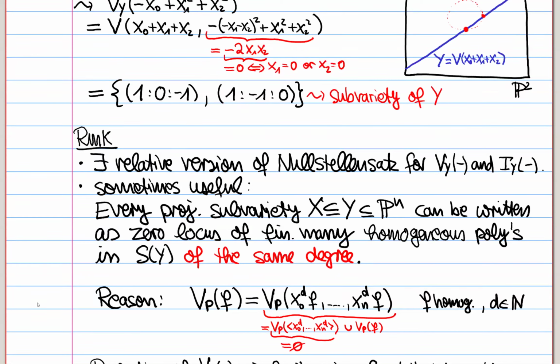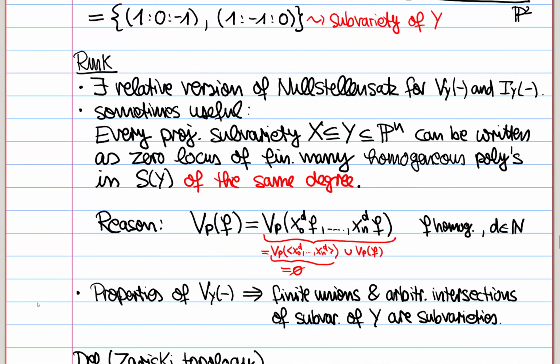Okay, so we can boost these degrees, and then as I said, these properties of the vanishing ideals generalize to the relative situation. And then this shows that both finite unions and arbitrary intersections of subvarieties of Y are, again, subvarieties of Y. And that's very good, because if you remember, where did we use this finite union and arbitrary intersection?